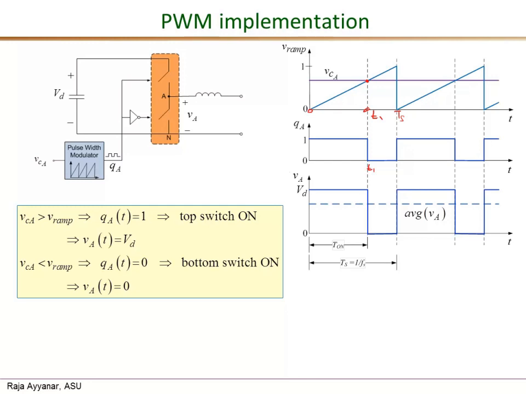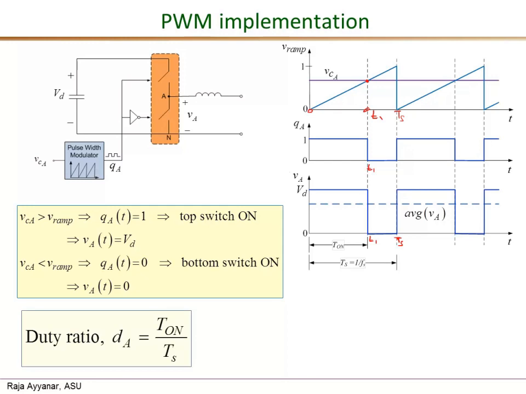So in response, the VA would be equal to VD till T1, and that is our T on interval, and it will be 0 from T1 up to the end of the switching period Ts. Now the duty ratio is this T on over Ts, and if you want to increase the duty ratio, then the controller would increase its control output voltage. So for example, let's say under a different operating condition, our VCA is a line like this.